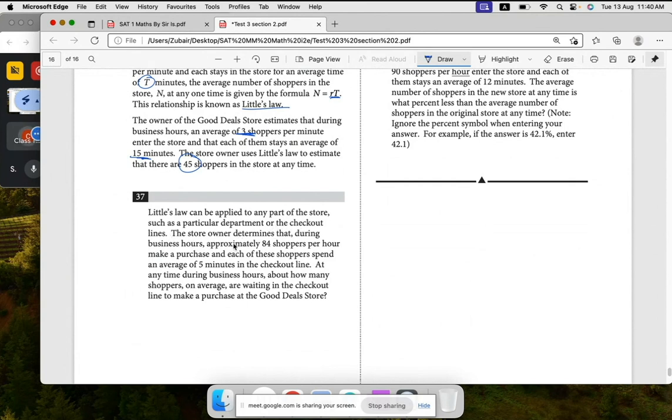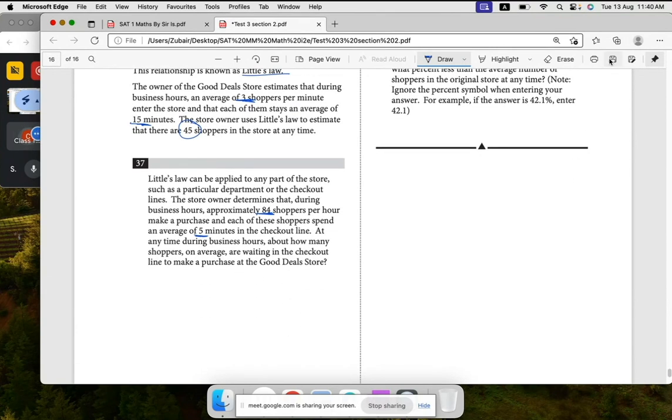The store owner determines that during business hours, approximately 84 shoppers per hour make a purchase, and each of these shoppers spends an average of 5 minutes in the checkout line. At any time during business hours, how many shoppers on average are waiting in the checkout line to make a purchase at the Good Deals store?